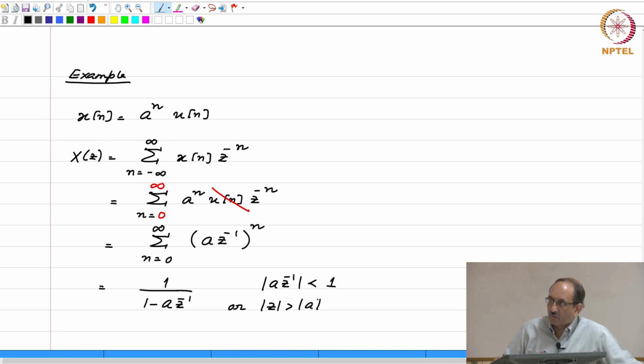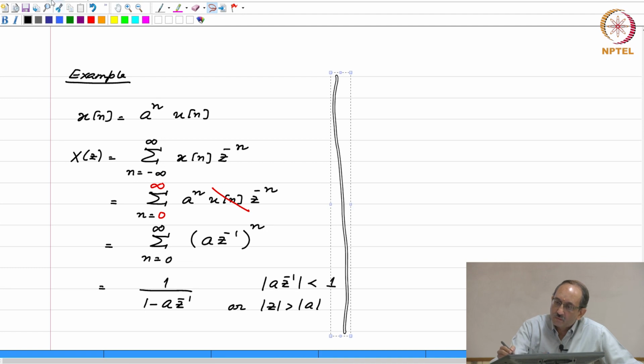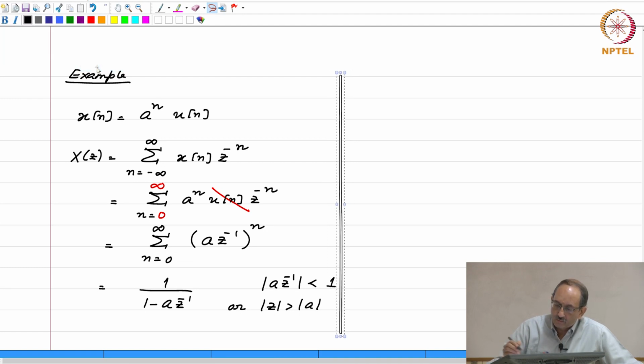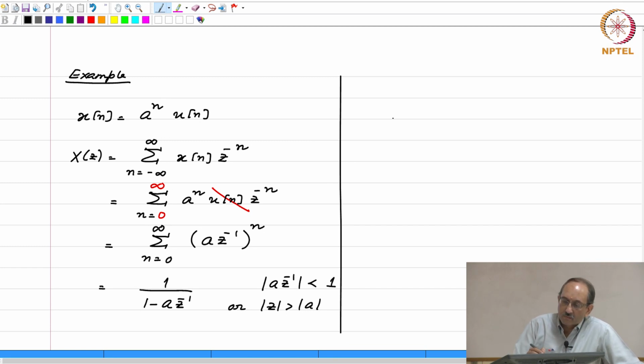So, here is an example of a simple geometric sequence a to the n u of n having this Z transform, and the only reason why this is the first example is because we really want the second example to be this, alright.